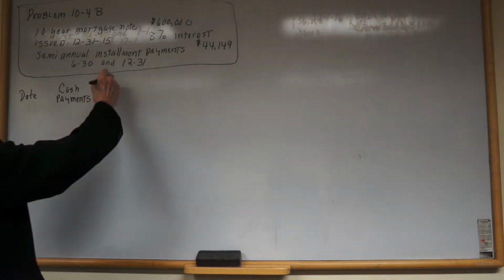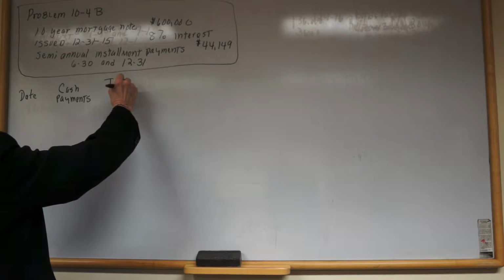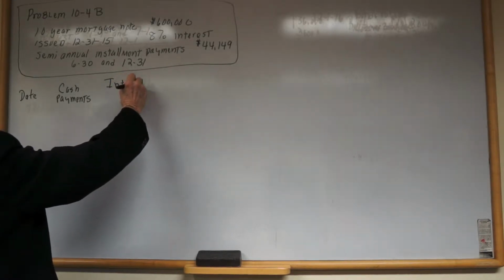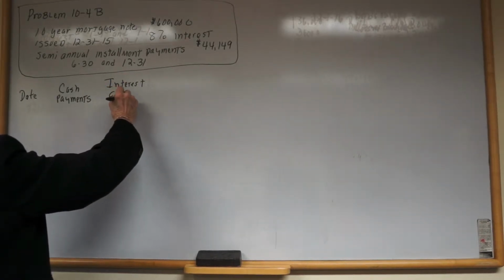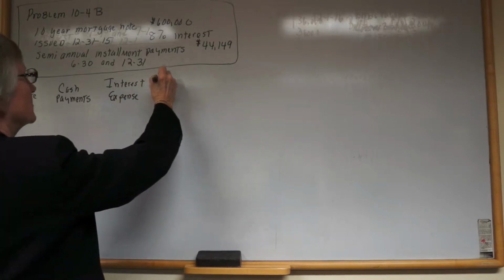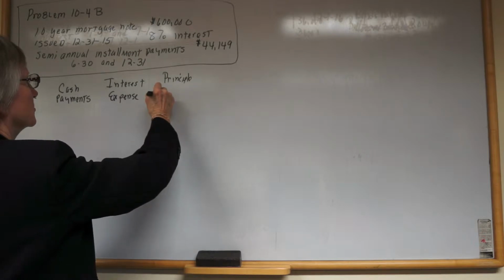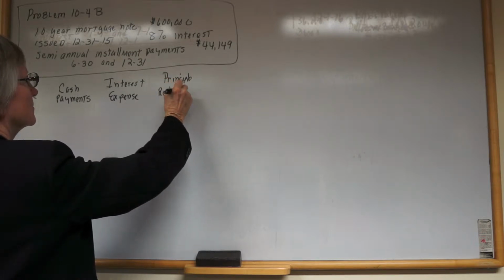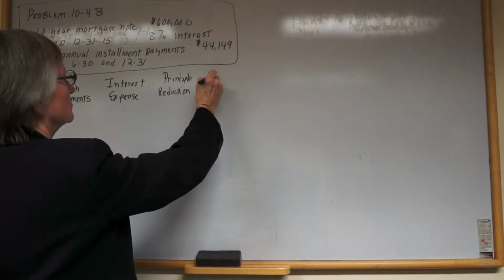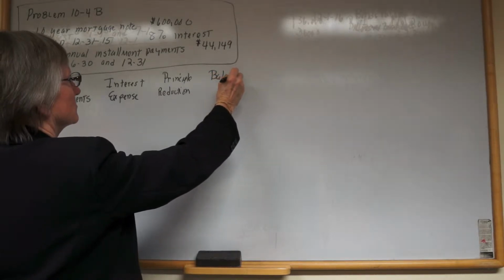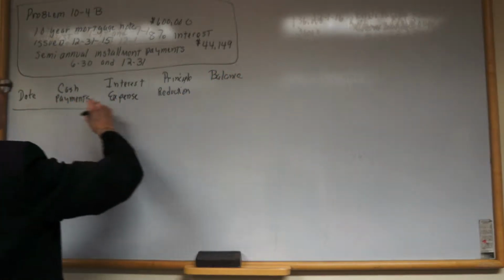We're going to need a column for our interest expense. Okay? And we're going to need a column for how much of the principal we paid down, so principal reduction. And we'll have a column for the balance. Okay, so that's our little grid.